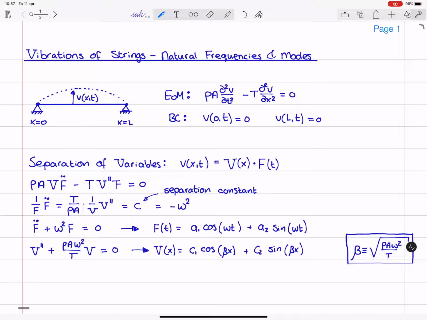So basically it is something that describes how many oscillations there are in a certain length of string. So the general solution is a combination of this v and f. Let's now see what the natural frequencies are. For that I'm going to apply the boundary conditions on v.